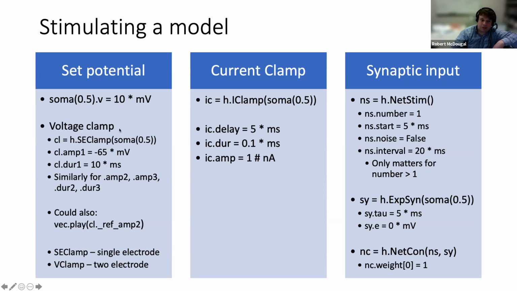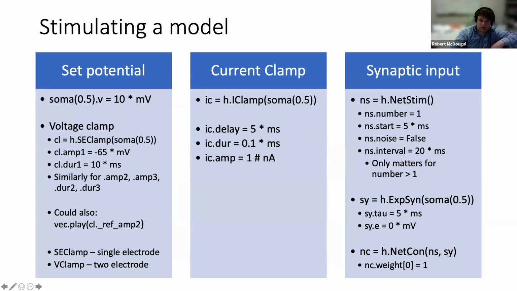I can use a voltage clamp. There is an SEClamp, which is a single electrode voltage clamp. There's a VClamp, which is a two electrode voltage clamp. And if you know anything about how these things work, they're not instantaneous. There's wires, they have resistance, and this has some implications for all of this.